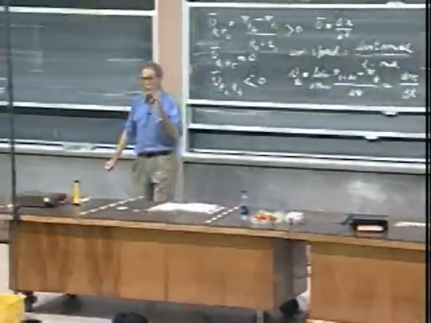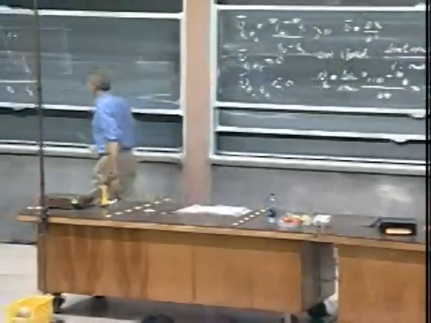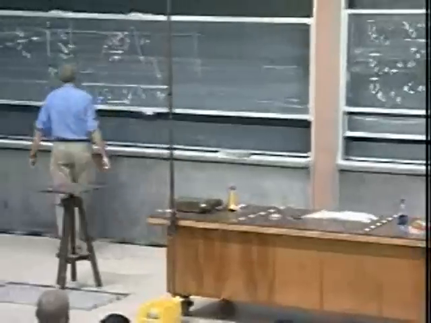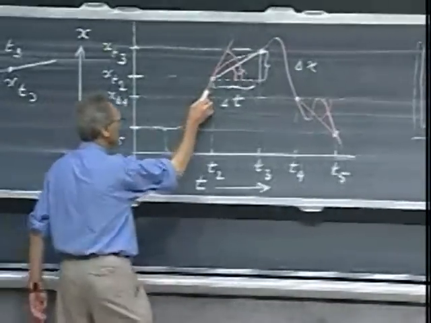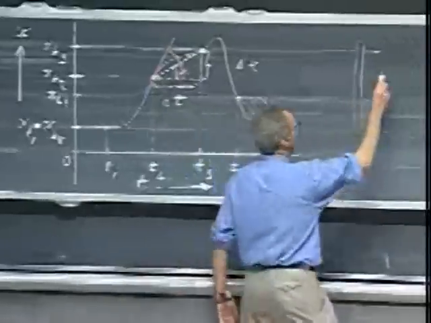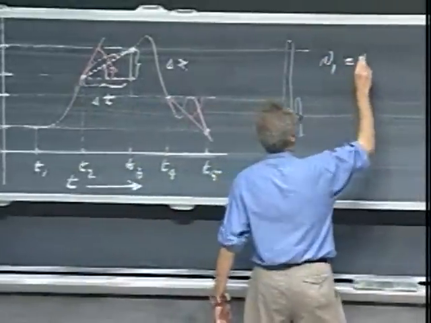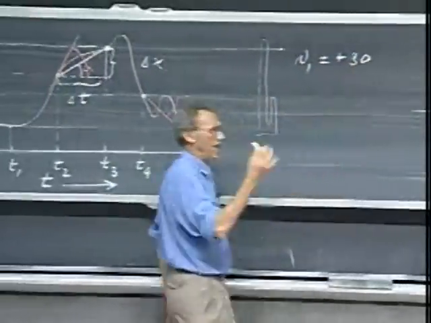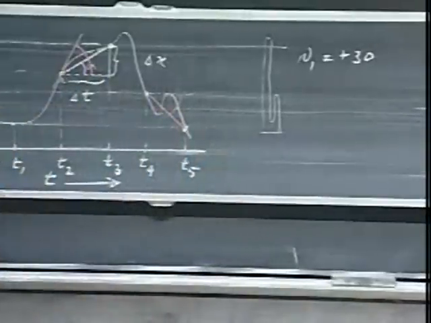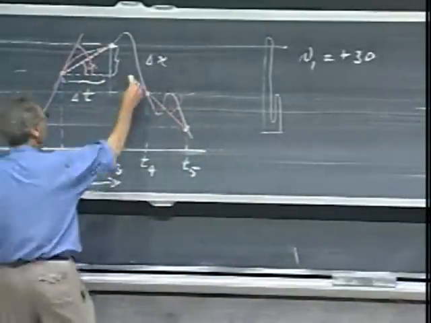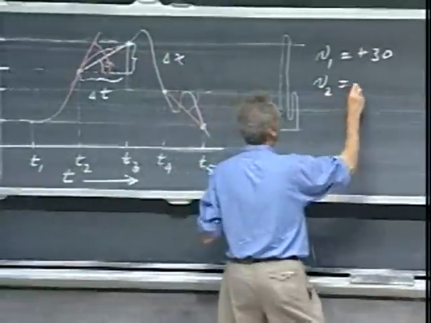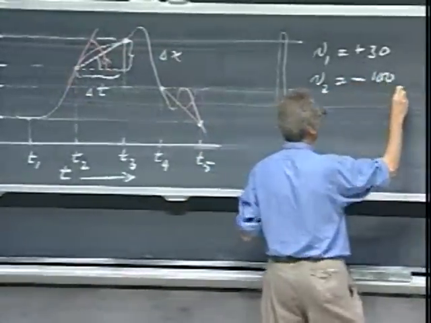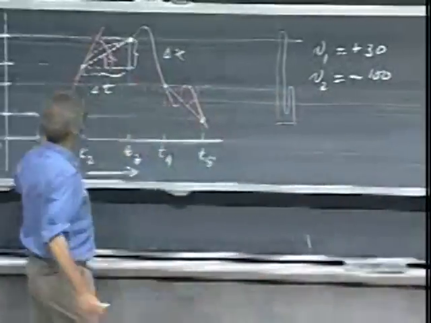What is the instantaneous speed? Well, speed is not sign sensitive. Suppose that the velocity here, I call that v1, was plus 30 meters per second. I just grabbed this number out of the blue. And suppose here somewhere it was, I call that v2, minus 100 meters per second. This is negative and this is positive.